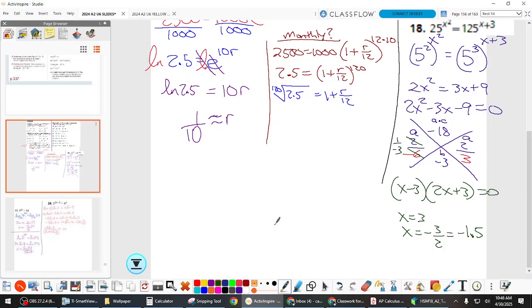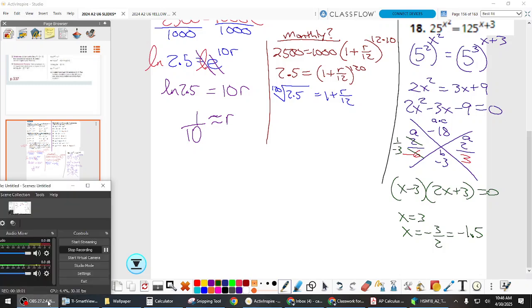Just to give you a heads up, your test looks like this. So the first page, first front and back, is no calculator. You'll have some key features questions, then condensing and expanding, so using log properties to expand or condense logs. And then inverses, which is essentially solving. And then all of this kind of stuff will be on the calculator section. So not that it always helps, but at least it's on that. And it does have word problems too, a few of them.